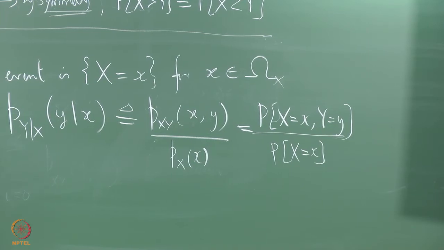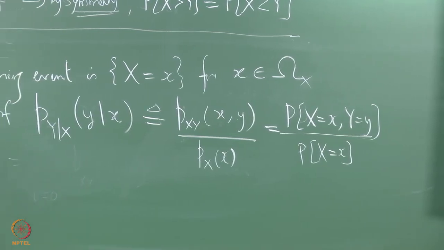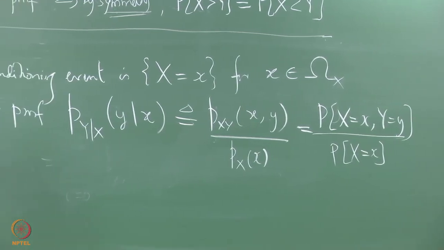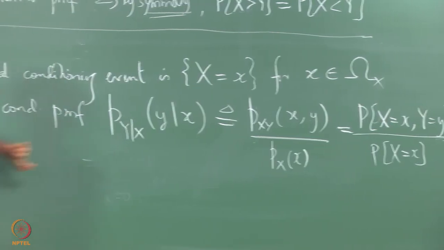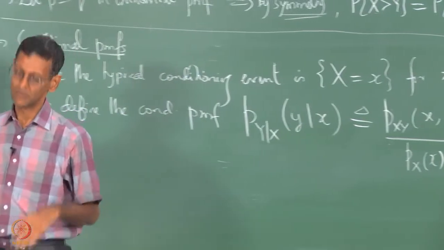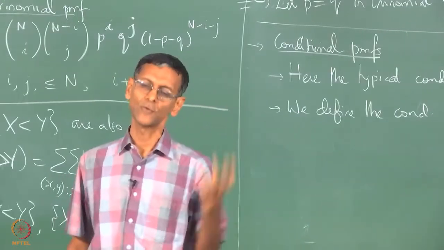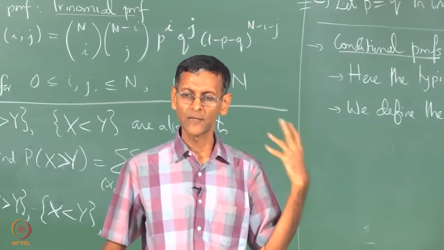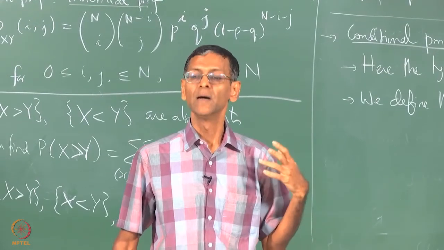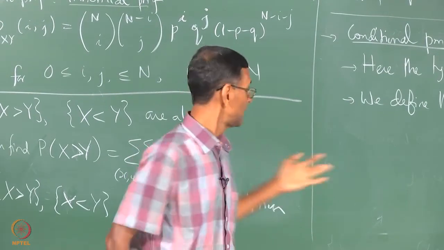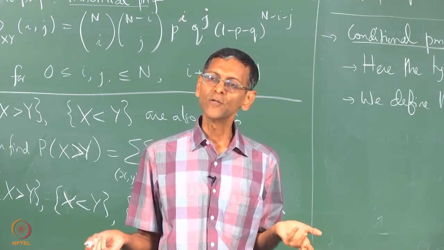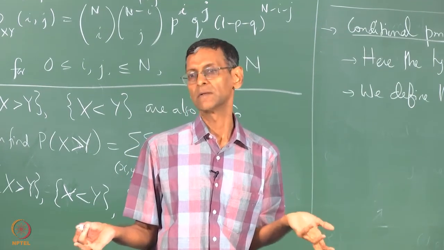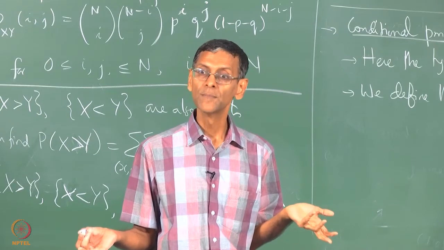So why do I call it a PMF? I am going to allow the small y to vary while keeping the small x fixed. And what is y going to vary over? Minimally you will want it to vary over all the points in omega Y, but in cases like this trinomial, you may get a smaller range.